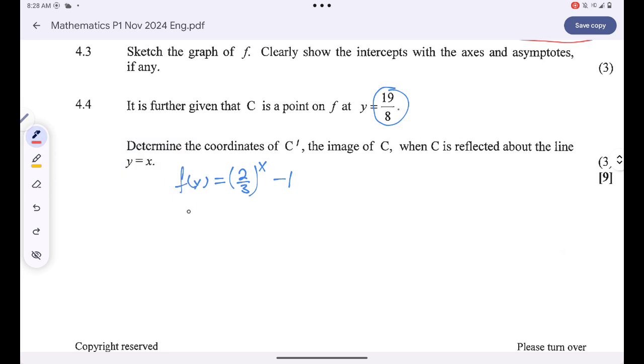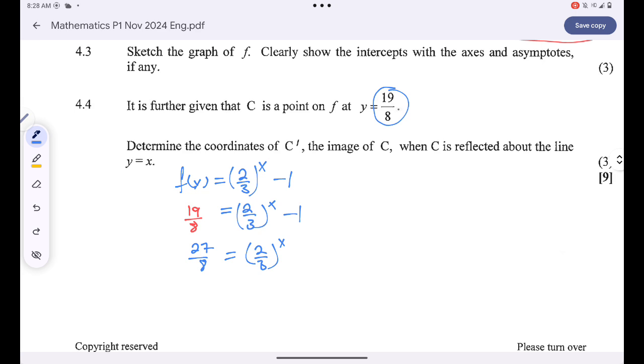So if y is equal to 19/8, then I take this -1 to the other side, it will be positive, and then 1 plus 19/8, that's basically 8 plus 19, that's 27/8, is equal to (2/3) to the power x.